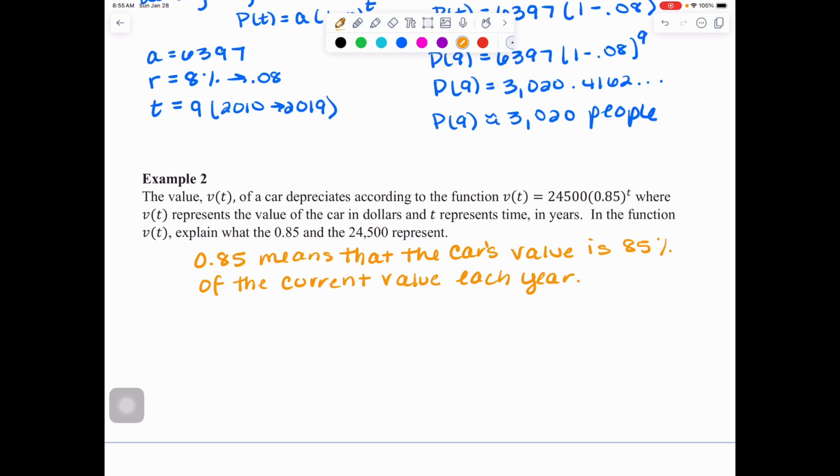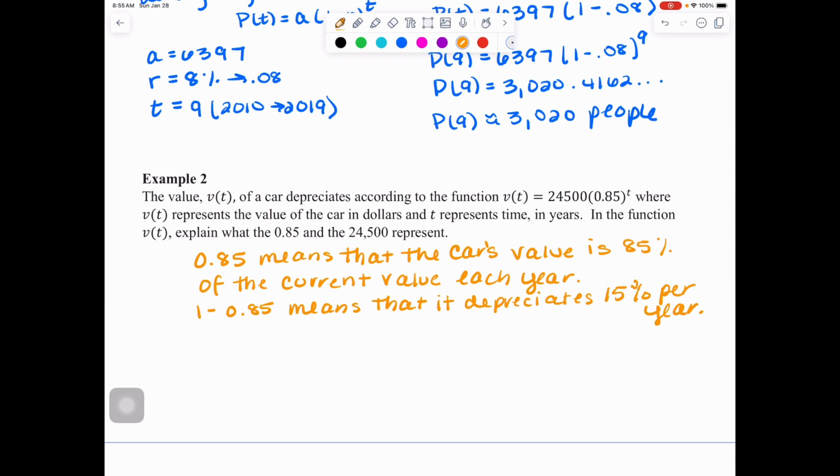More specifically, underneath, I want to address the fact that that came from doing something. So I'm going to say 1 minus 0.85 means that it depreciates 15% per year. So first I'm saying that it's 85% of the current value. So whatever it is, it's only worth 85% of that.